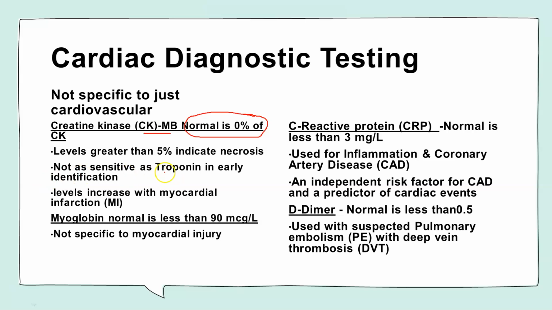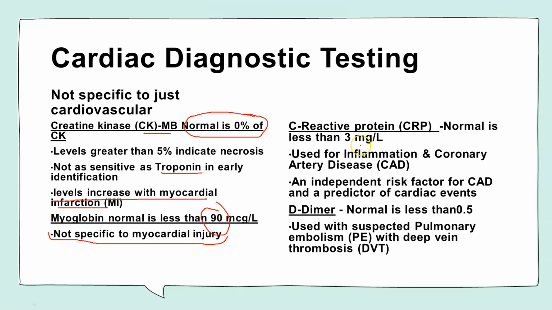It's not as sensitive as our troponins in early identification, but the levels do increase with a myocardial infarction. Our myoglobin, we want that number less than 90. And again, the problem with the myoglobin is it's not specific to myocardial injury.